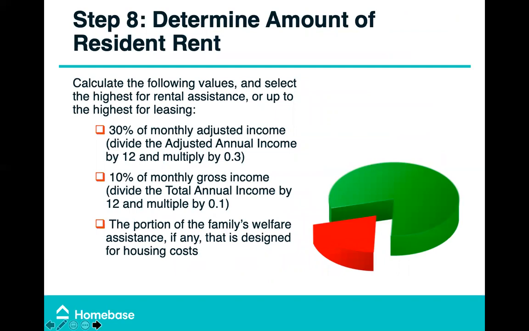Now you know what the annual income is, and now you know what the adjusted annual income is, so you can determine these numbers. This slide tells you exactly how to calculate. And remember that you're going to want to select the highest of these three numbers for rental assistance programs, or up to the highest for a leasing program.